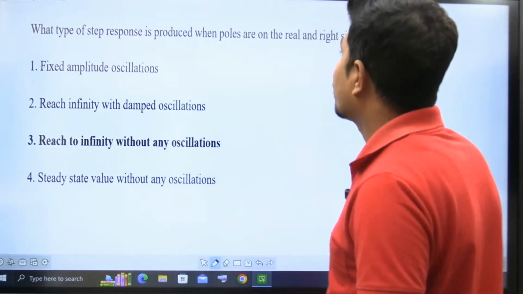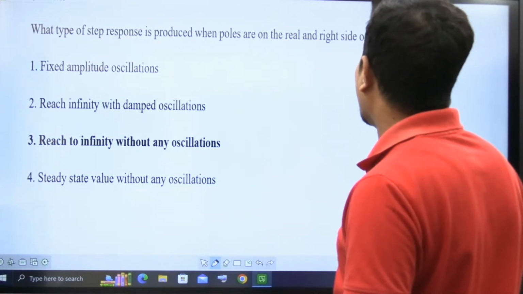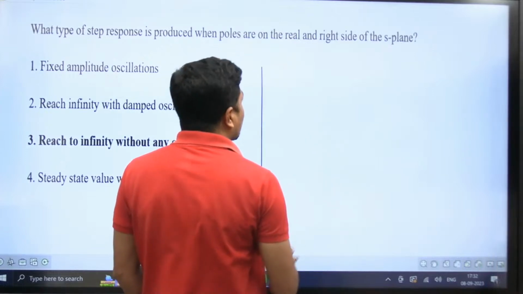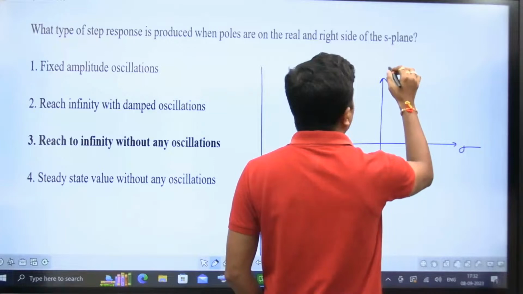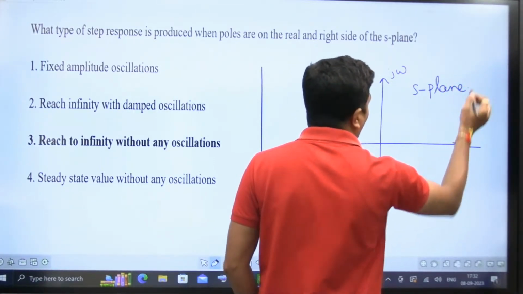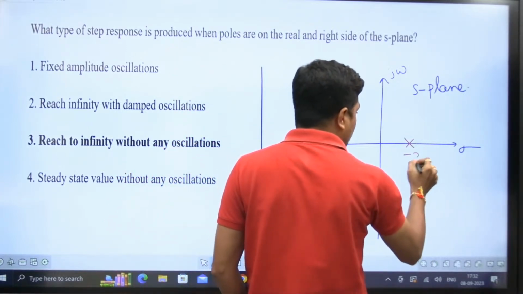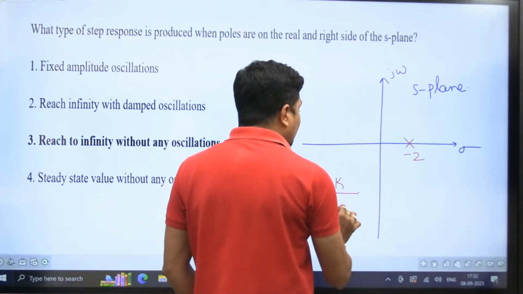What type of step response is produced when poles are on the real and right side of the S plane? He's saying that there is an S plane, this is sigma, this is j omega, and this is the S plane. Now there is a pole on the real axis, say at -2, then the transfer function of the system may be some k by s plus 2.